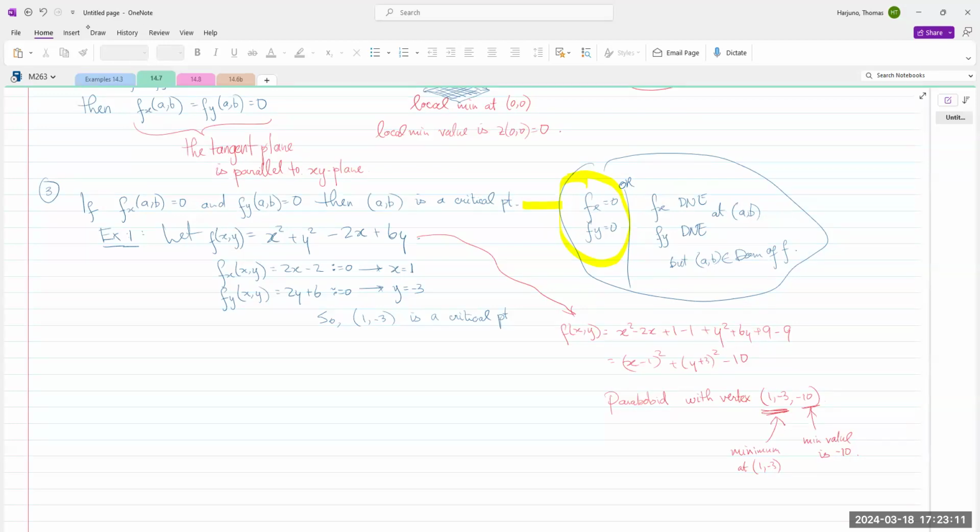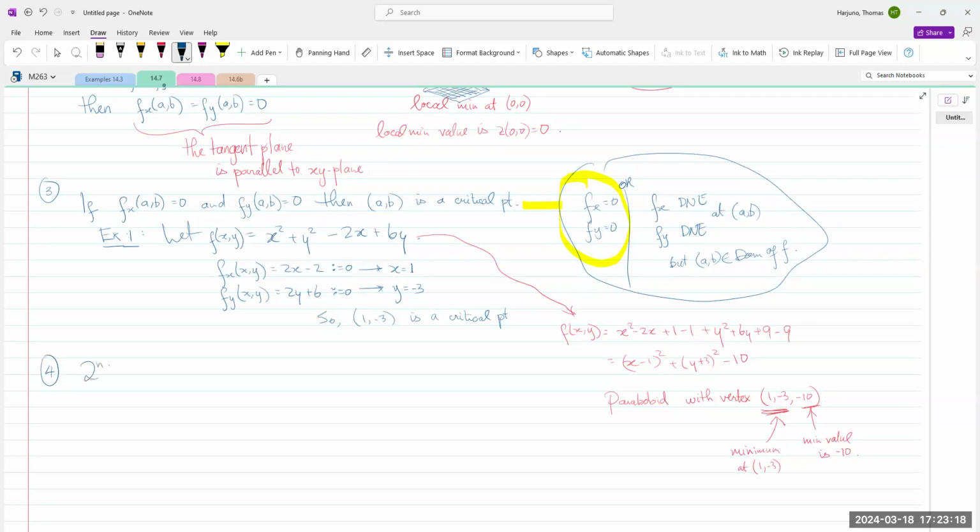Okay, from here we get to the next one, the second derivative test.